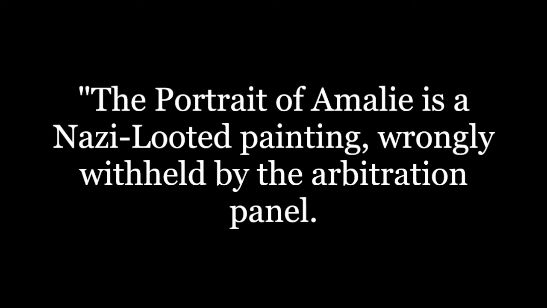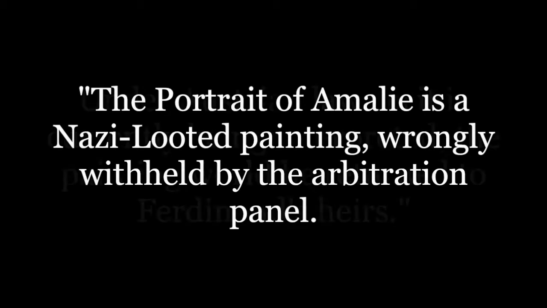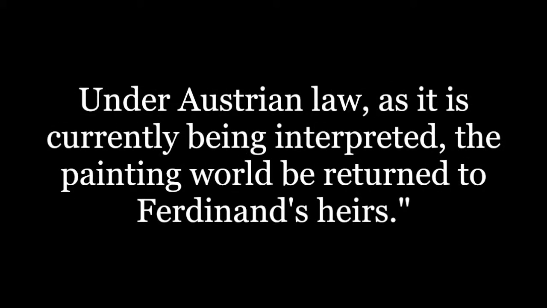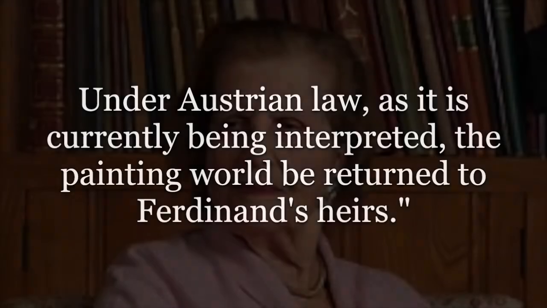Schoenberg stated, "The portrait of Amalie is a Nazi-looted painting, wrongfully withheld by the arbitration panel. Under Austrian law, as it is currently being interpreted, the painting would be returned to Ferdinand's heirs."